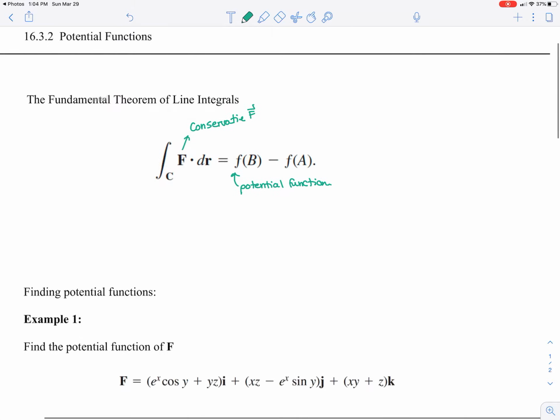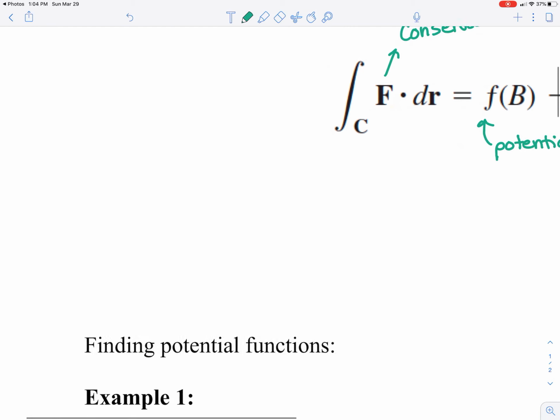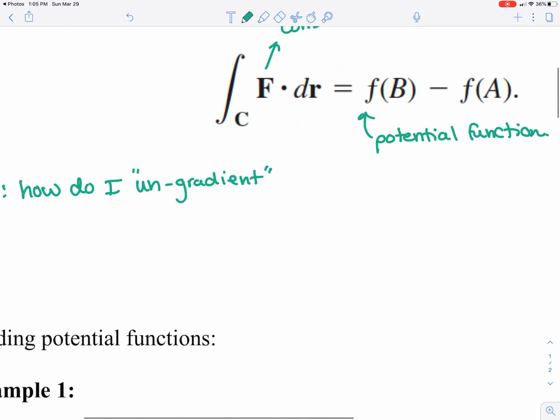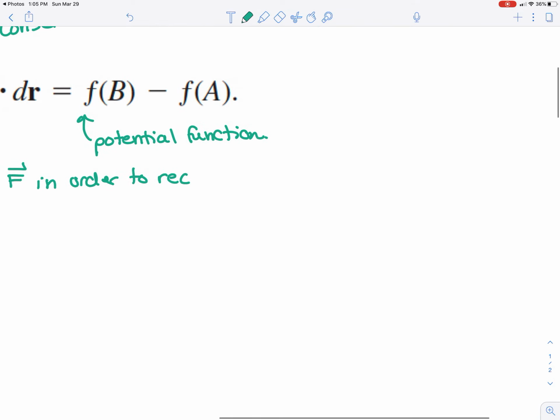So the question we have here, the idea is, how do I ungradient f in order to reconstruct the initial function, right?